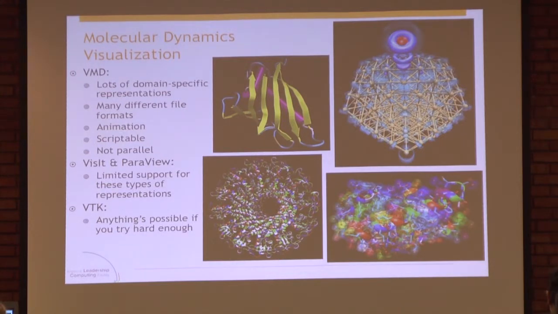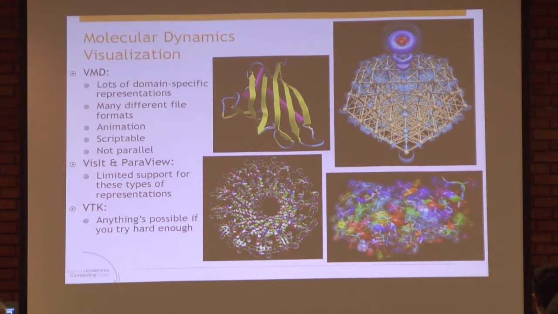You can set attributes by atom type, so you can color different atoms by different colors. And there's different representations like the ball and stick, ribbon representation, et cetera. VMD also supports lots of different file formats, and you can use it for doing animation.